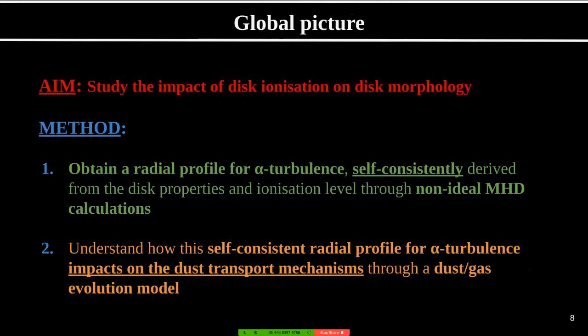To do so, we first obtain a radial profile for the alpha parameter, self-consistently derived from the disk properties and ionization level through non-ideal MHD calculations. Then we use this self-consistent alpha parameter to run a dust and gas evolution model and see how the dust is going to be distributed across the disk.